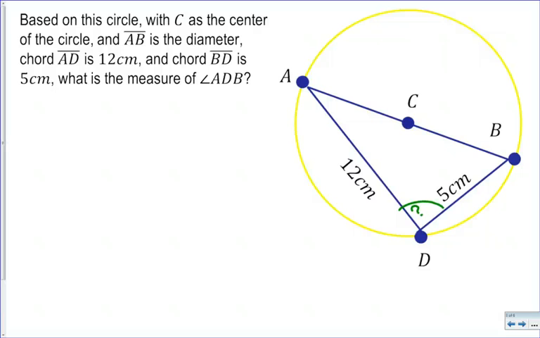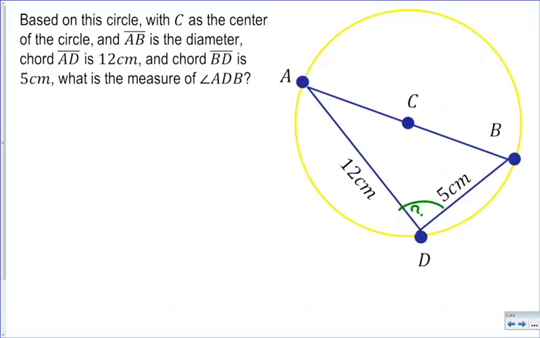Now, for those of you who are thinking like the stuff that you learned in grade 8 about Pythagorean theorem and stuff like that, that's not going to apply here. But if you think back to the beginning of this presentation, I talked about arcs. Do A, C, and B form an arc?